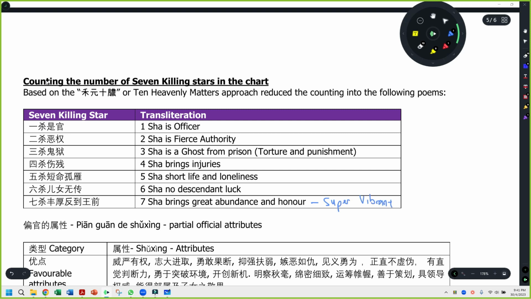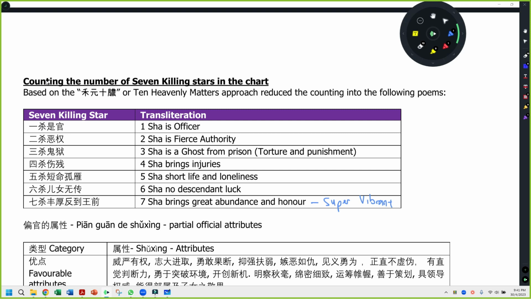A super vibrant chart is a chart that has all the same elements. Therefore, to have 7 Killing altogether, this is a super vibrant chart already. Now, the General pattern wasn't a super vibrant chart, but it has a special chart that makes him rise to great power, about the same as well.